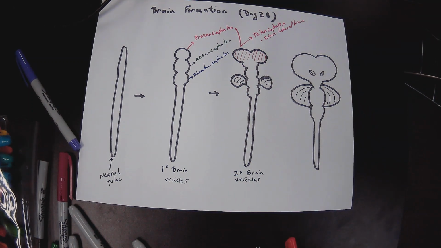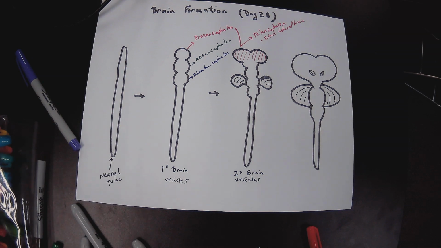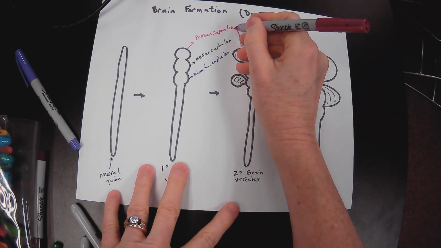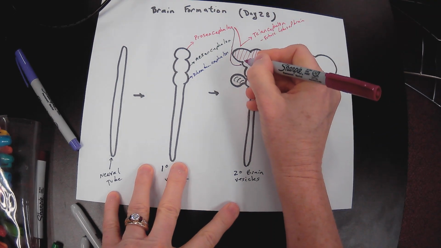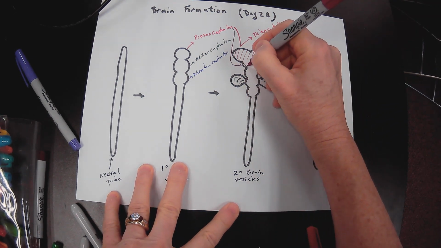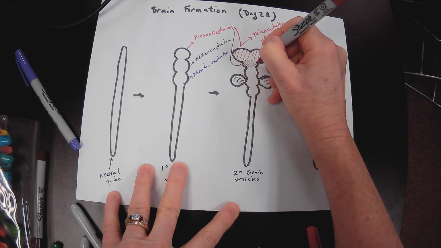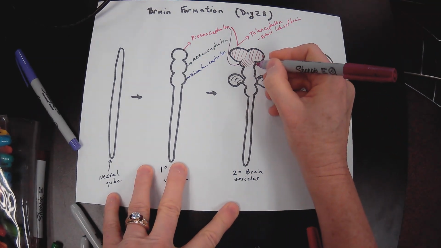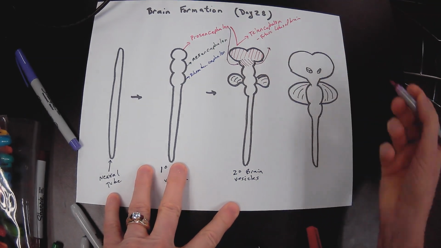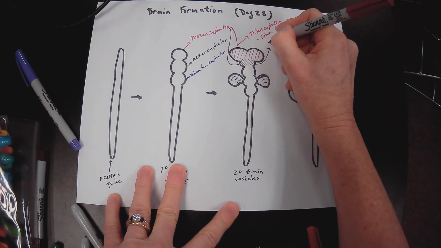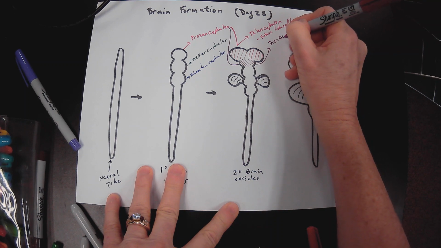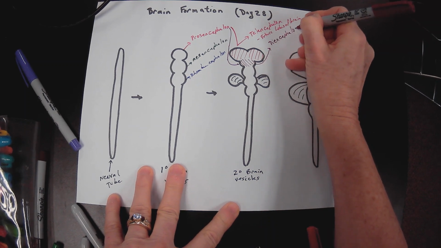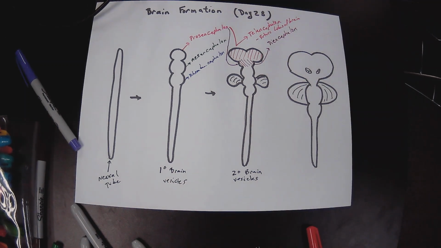The prosencephalon also has a second area of swelling, and that's this area here, just under your telencephalon. This is known as your diencephalon, D-I-E-N-C-E-P-H-A-L-O-N.